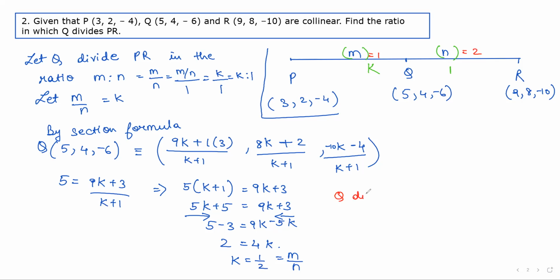Q divides PR internally in the ratio 1 is to 2. If your k value is positive, fine, but if you encounter a negative k value, definitely you will have to mention that Q is externally dividing PR in the respective given ratio.